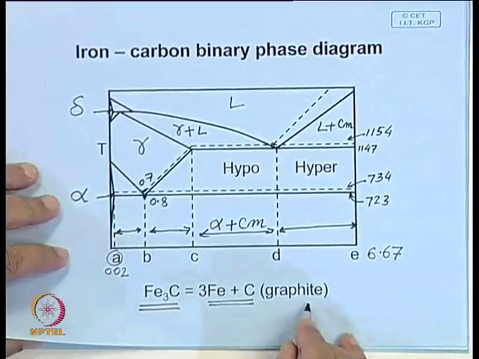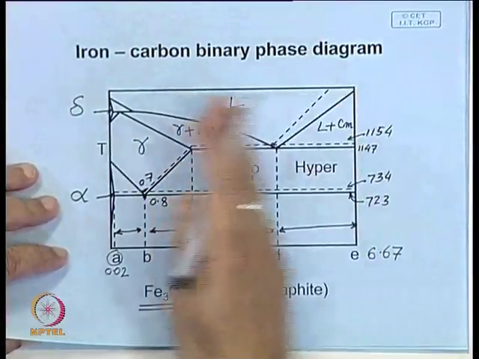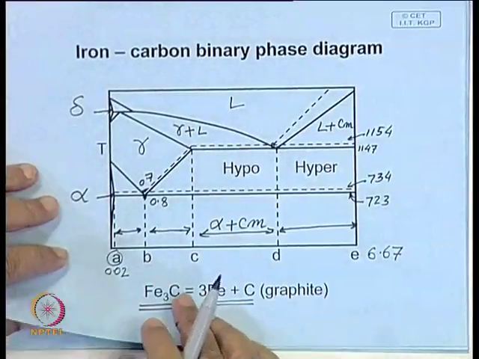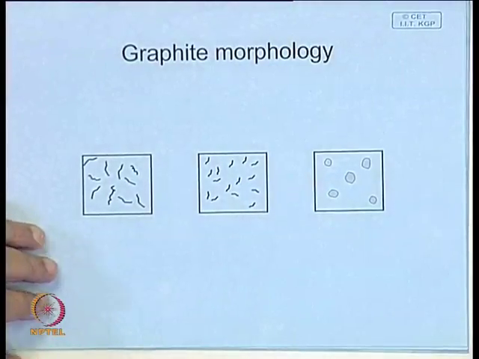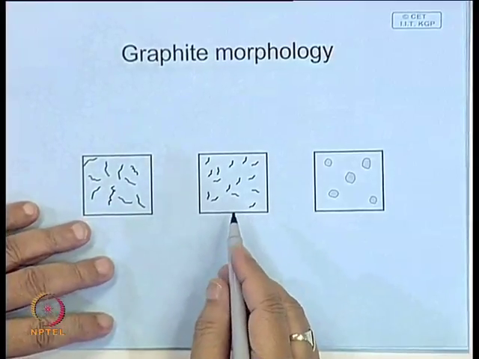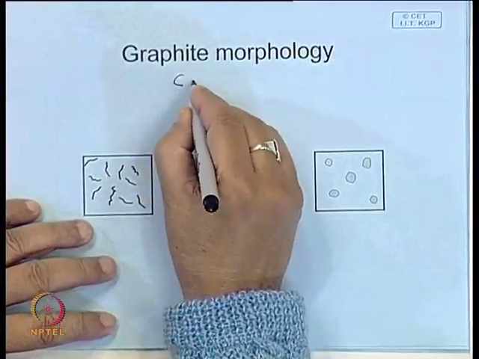If graphitization does take place, it is most prominent as the carbon content goes high. There are certain high carbon alloys which are known as cast iron.